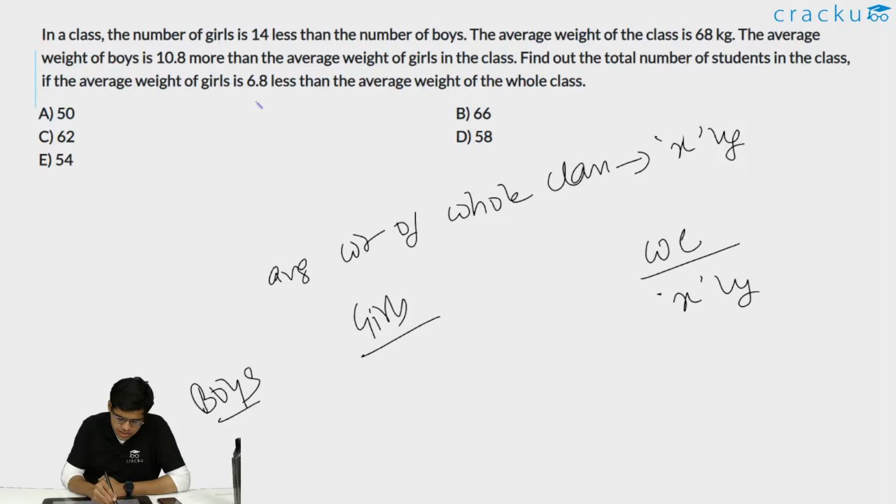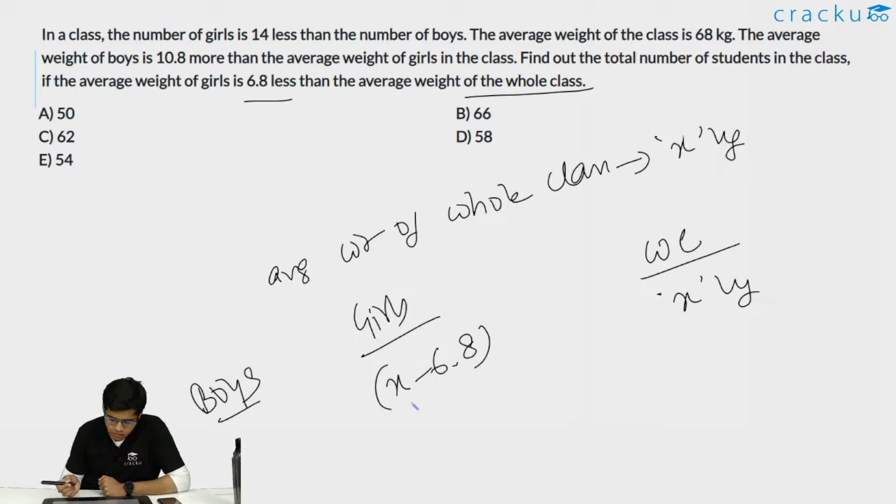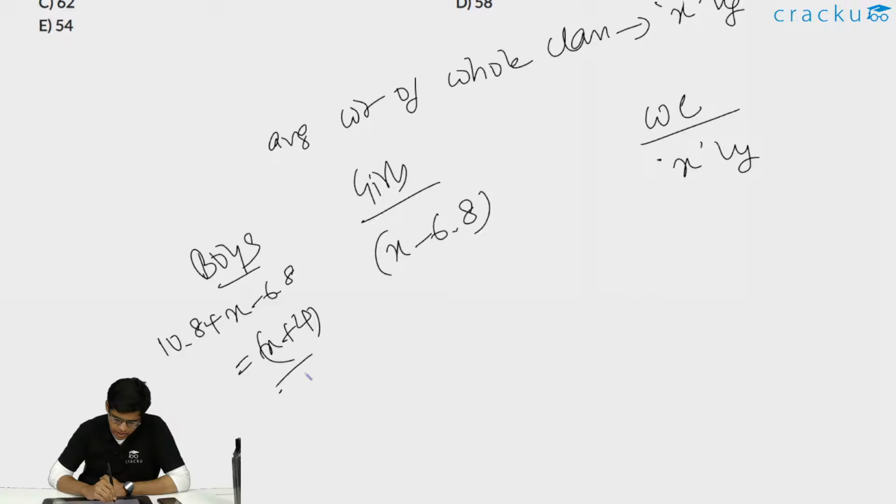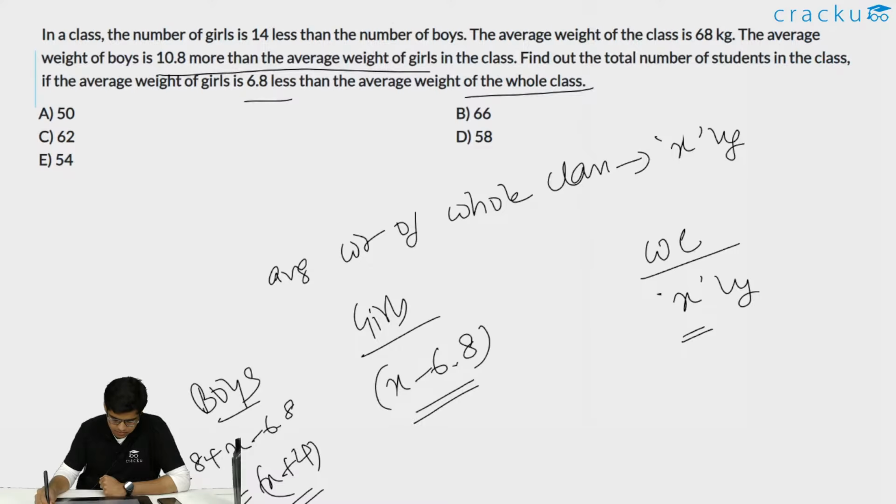For girls, it is 6.8 less than the average weight of the whole class, means it is x minus 6.8. And for boys, it is 10.8 more, means 10.8 plus x minus 6.8, which is x plus 4. So x plus 4 kg for boys, x minus 6.8 kg is the average weight of girls, x kg is the average weight of the whole class.